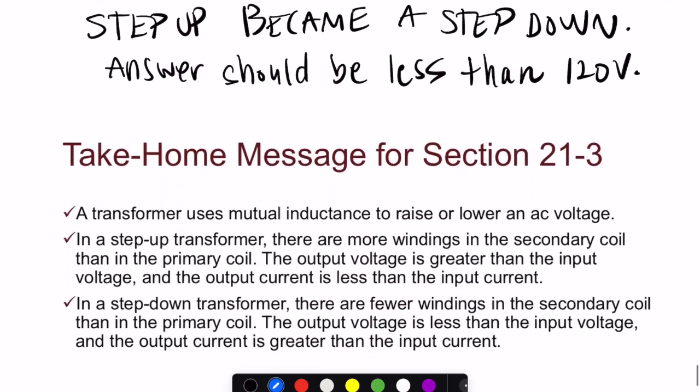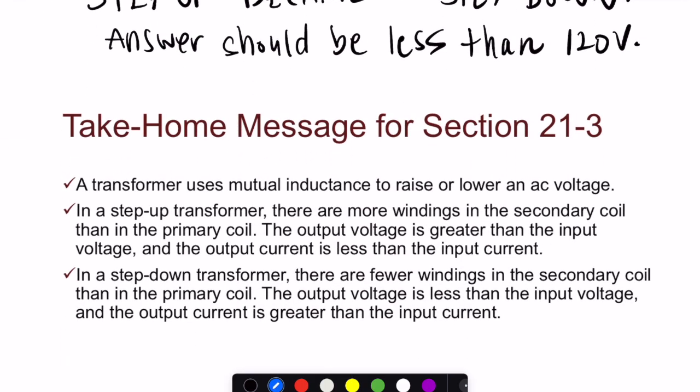So to wrap up this section and this lecture, we looked at transformers and they use a property called mutual inductance to raise and lower an AC voltage. If there are more windings in the secondary coil than the primary coil, then it's a step up. If there are more windings in the primary coil than the secondary coil, then it's a step down. And it's opposite for current.